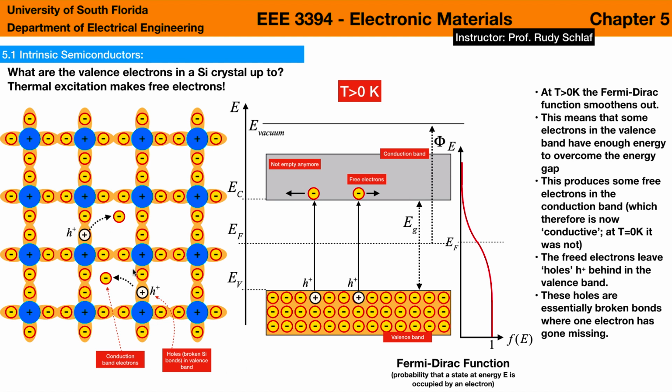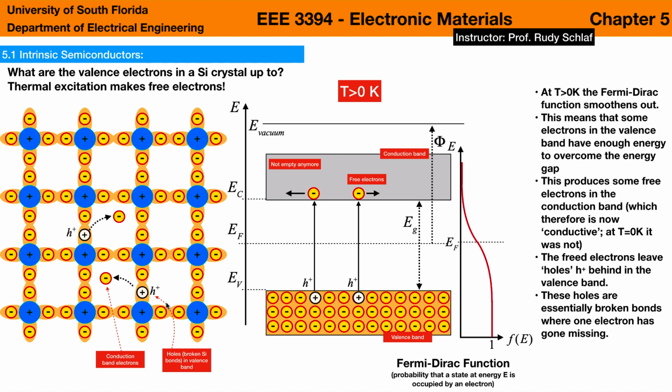You can see over here in the crystal picture what this process means for the silicon crystal. Essentially, every time an electron gets elevated into the conduction band, it breaks a bond between two silicon atoms because one of the electrons from a bonding orbital has gone missing.